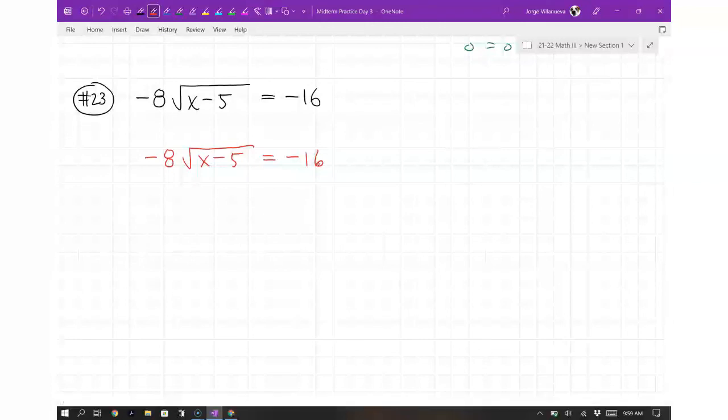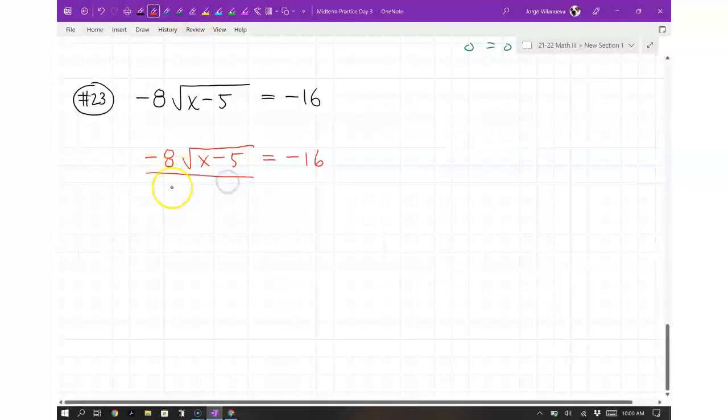Yeah, I want to get rid of that negative 8 because I want the square root to be all by itself, right? Let's get rid of anything next to it. So what I'm going to do is divide by negative 8. So this is square root of x minus 5 equals 2.